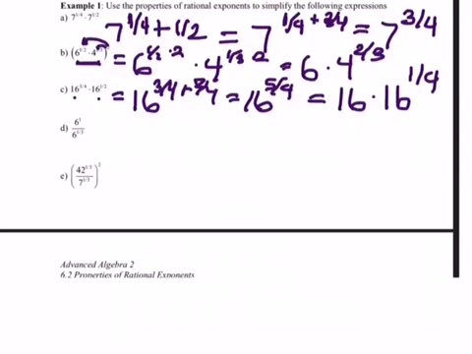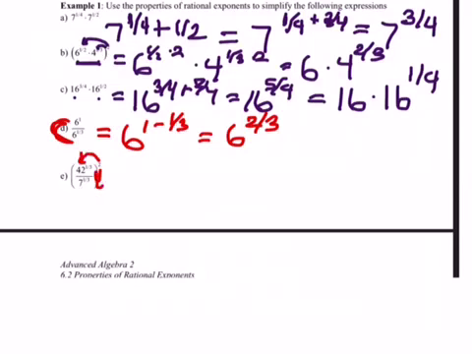So now I've got like bases divided, so I subtract the exponents. So I have 6 to the 1 minus 1/3 power. 3 over 3 minus 1 over 3 is 6 to the 2/3 power. And last but not least, first I'm going to give the second power to both pieces.